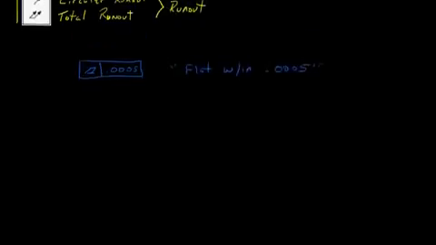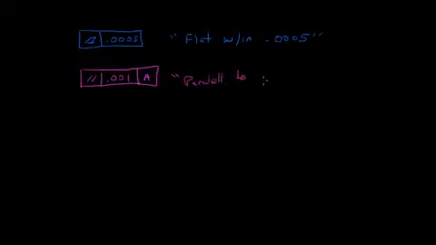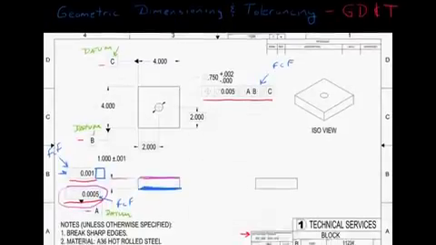So if we go up here and we draw that one, what this one says is it's parallel within 0.001 to datum A. That's how that would read. Parallel to datum A within 0.001.